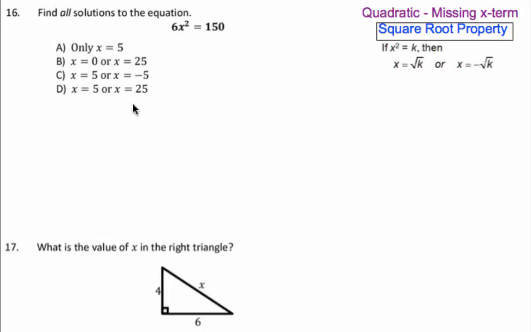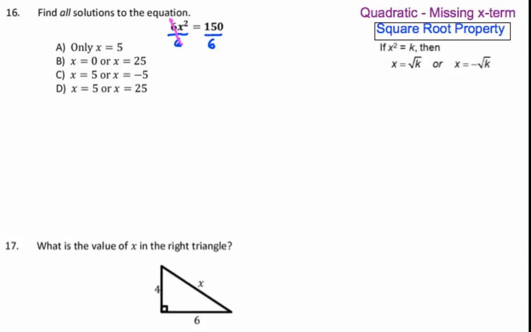So the way we can get rid of the 6, of course, is by dividing both sides by 6. So the 6's will cross out. Now you can reduce 150 over 6, or if you don't feel comfortable with that, we can do a long division.